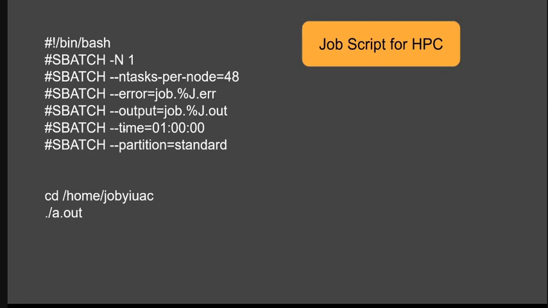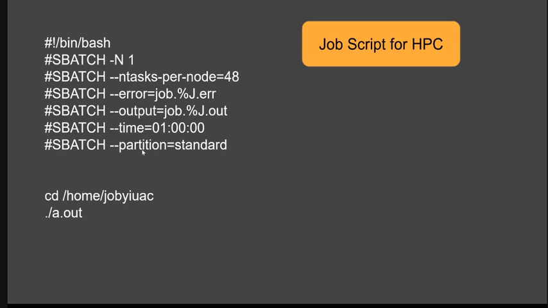Now I have sbatch minus minus time. Time basically means for how long I want this job to run. If this time is exceeded, then the job will automatically be terminated.